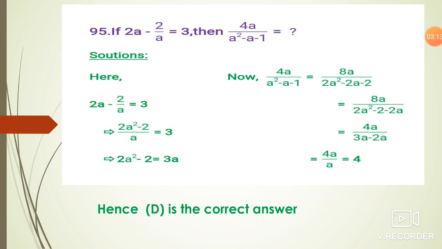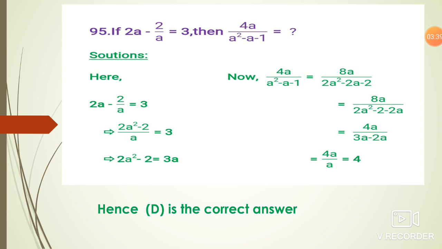Question number 95. If 2a minus 2 by a equal to 3, then you have to find 4a by a square minus a minus 1. So here 2a minus 2 by a equal to 3. After taking LCM, we will get 2a square minus 2 by a equal to 3. After cross multiplication, we will get 2a square minus 2 equal to 3a.